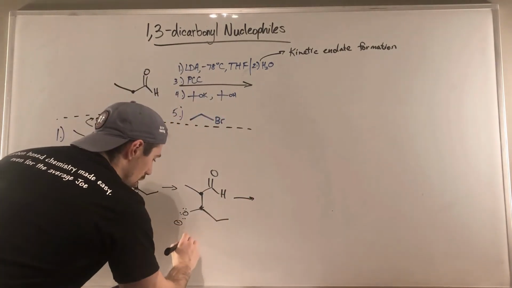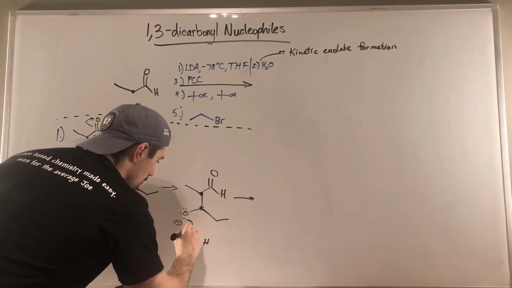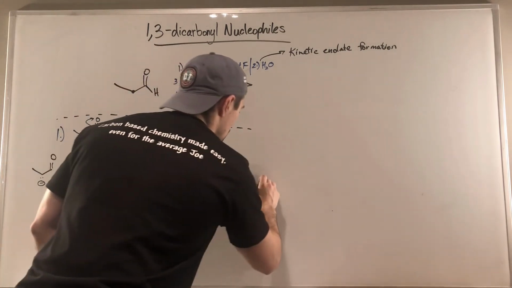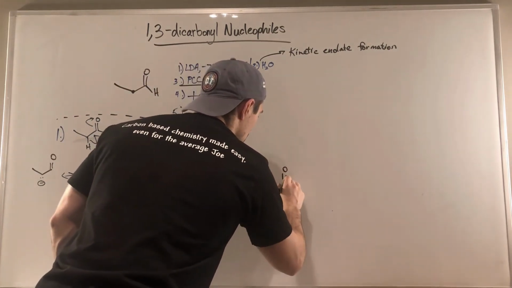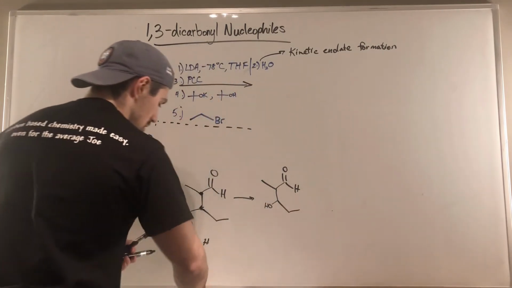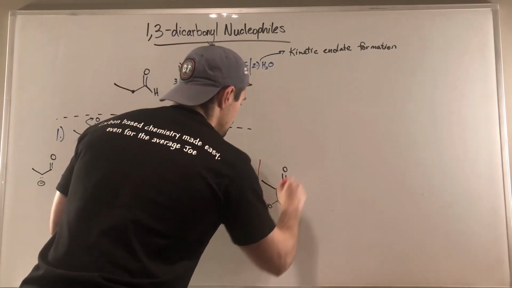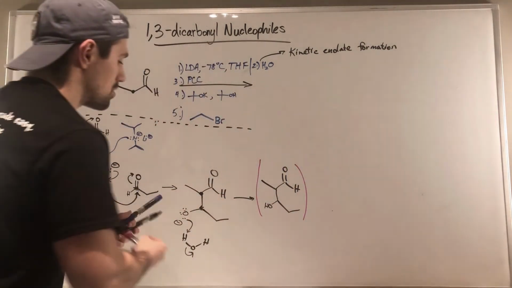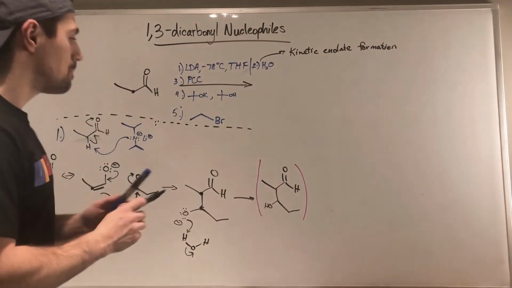We would just grab an H off of water. So after the aldol reaction rather, we would have this right here. So this is just an intermediate. The result of steps 1 and 2, okay?